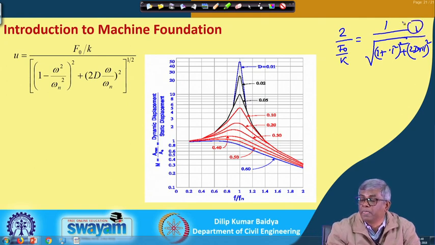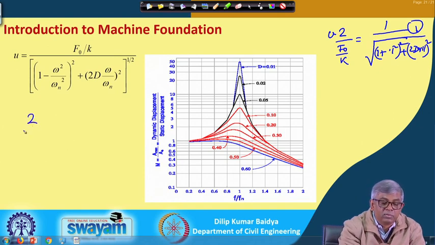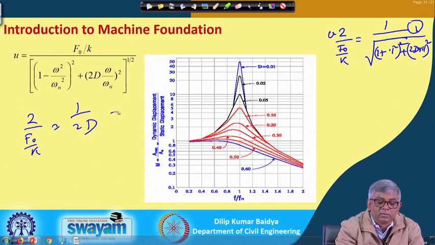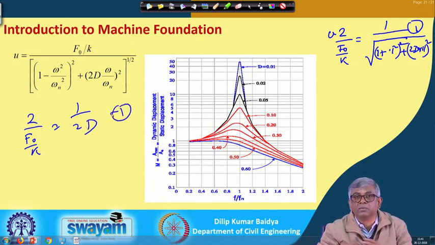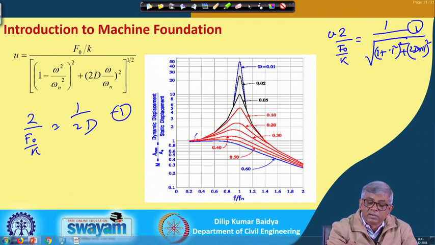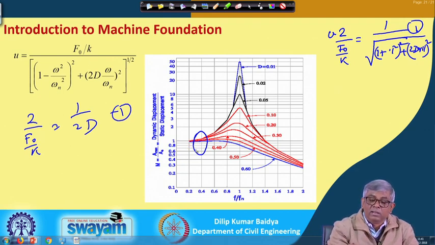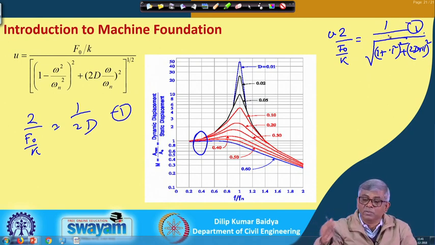This is one equation, and another equation, this is 0.2. Another equation is 2 over f naught over k equals 1 over 2d. Solving these two equations one can also find it, but if I use that at a lesser frequency ratio the magnification factor becomes 1, then if I use the entire thing as 1, it is easy to solve quickly.